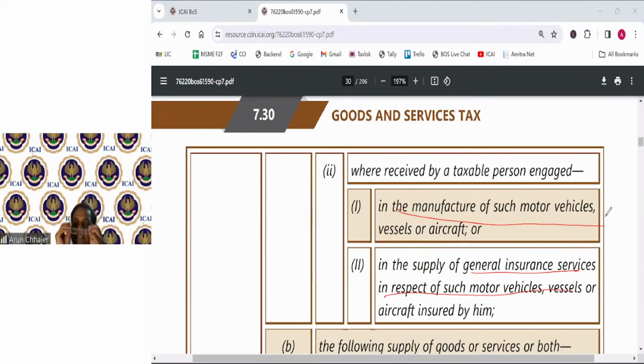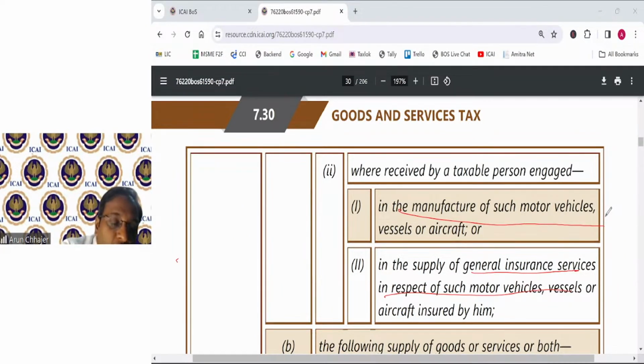In these two categories, you are allowed to take the ITC. What are the two categories? The manufacturer of that motor vehicle, and second, the supply of general insurance in respect of such motor vehicle. Then ITC would be allowed.